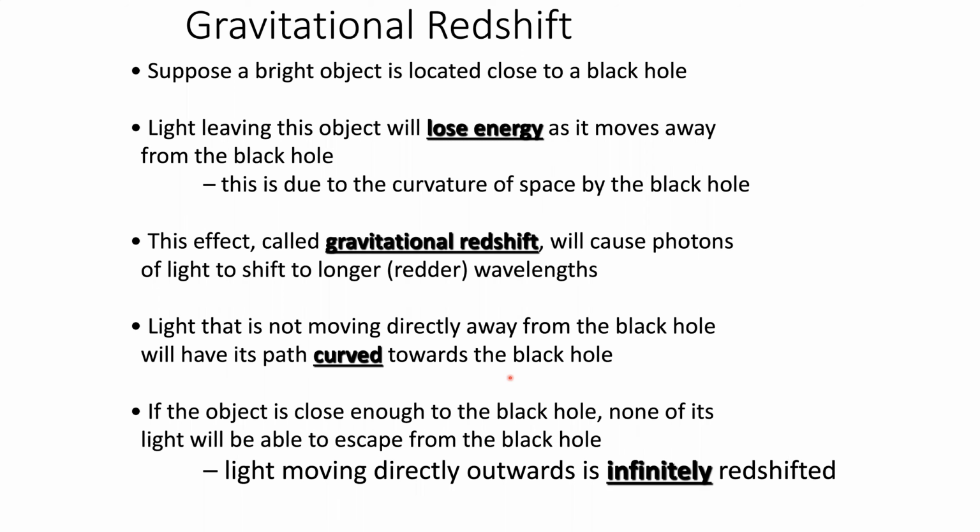Right now, just to briefly introduce you to the idea of general relativity, what happens is when you have a huge mass, that mass can curve the space-time, right? So that's what happens.